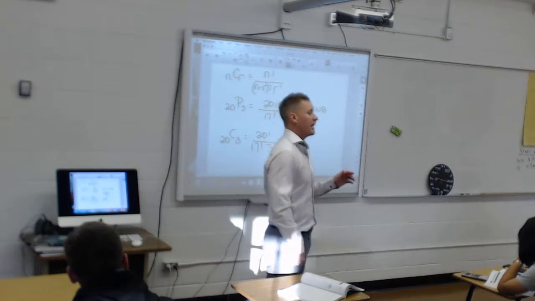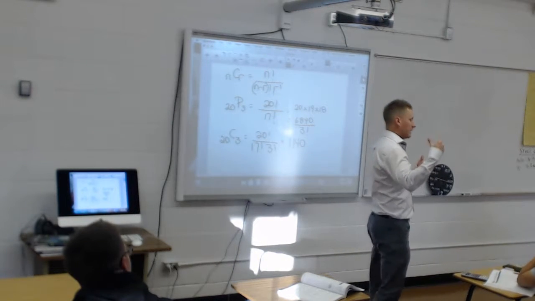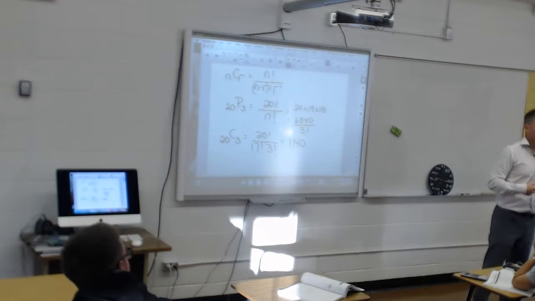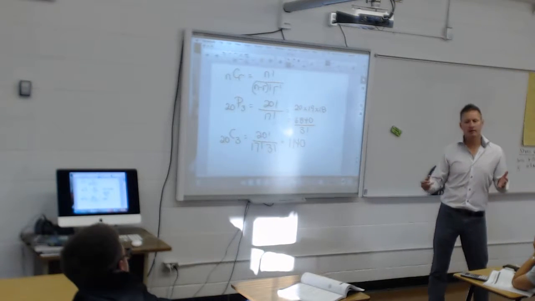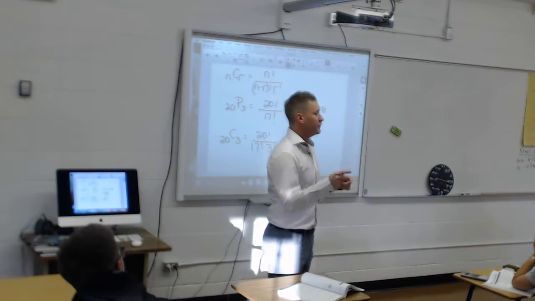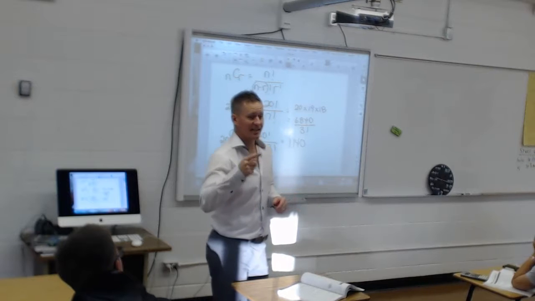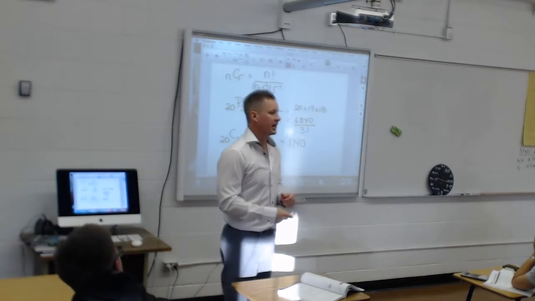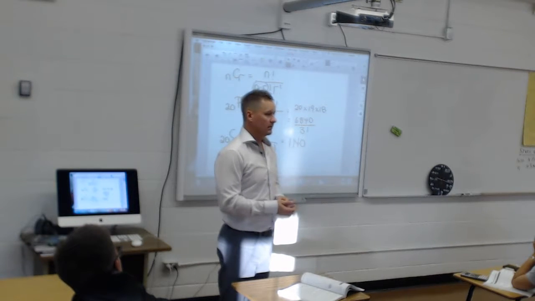Now I showed you the other day, what were the chances of winning the Lotto 6/49 if you had no order? It was like 1 in 14 million, 13 million something. But if you needed all 6 of those numbers in the exact order they were picked, you'd have a 1 in 1 billion chance of winning the Lotto.